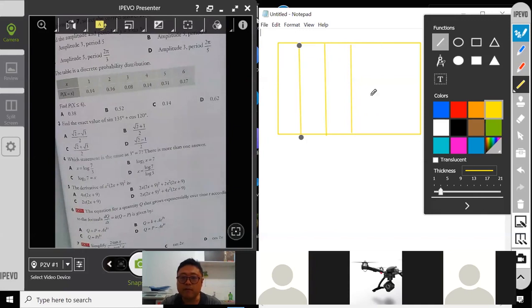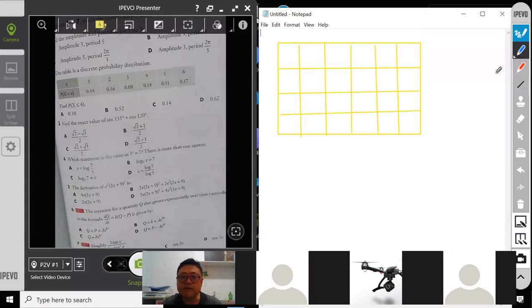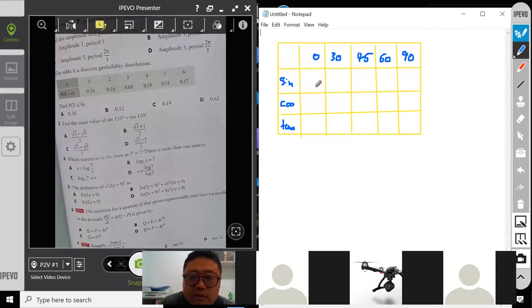Okay, that's my poor attempt at a table. Sine, cos, tan, 0, 30, 45, 60, 90. Have I shown you how to do this? Yeah, you did. Some trick, yeah.